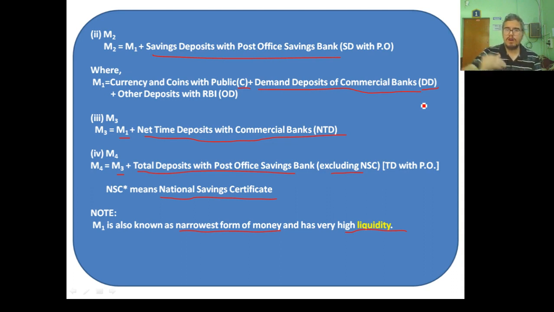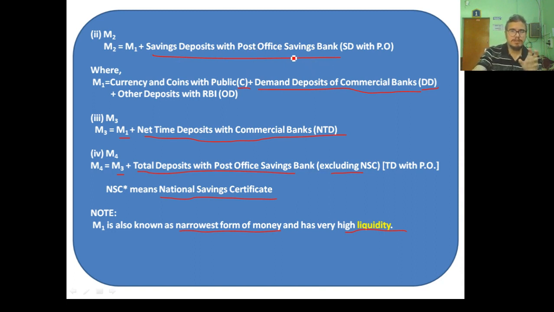Now if we move up more and more, we find that M2 is less liquid than M1, though it is also a narrow form of money. Why is it so? It is less liquid than M1 because it comprises savings deposits with post office.